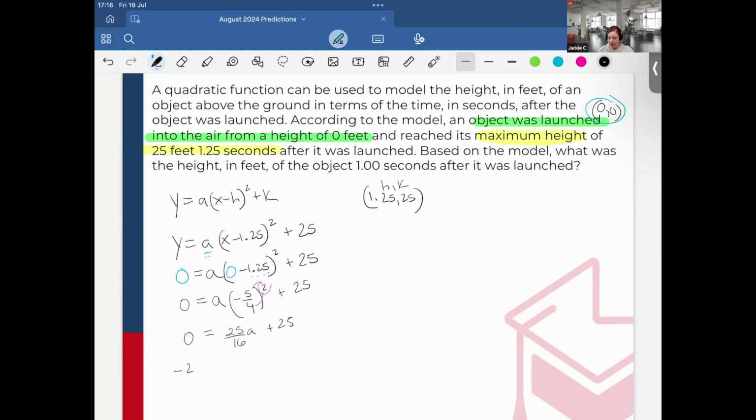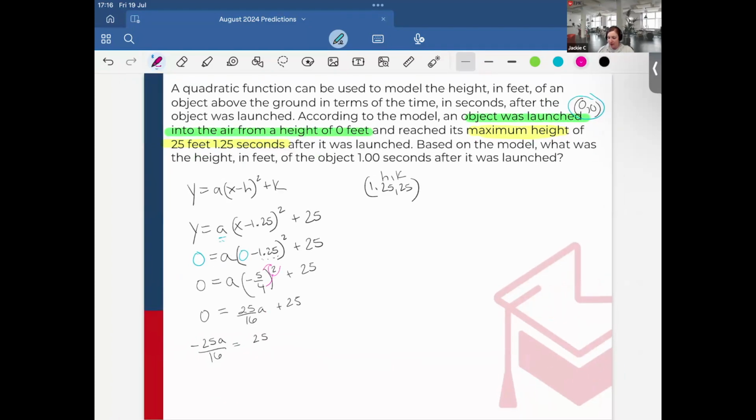I move that to the other side, so negative 25a over 16 is equal to 25. I now multiply each side by the reciprocal, negative 16 over 25. So we can see this cancels really nicely, and I'm left with a equal to negative 16.